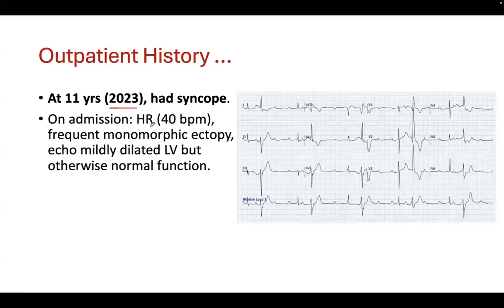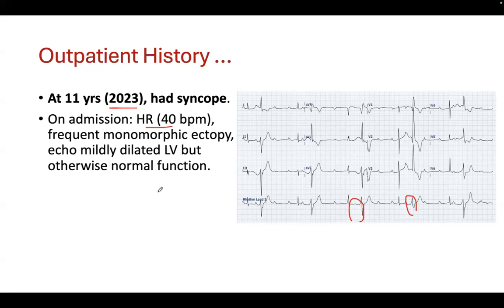He had a heart rate of 40 in clinic, and also PVCs, like we saw on the stress test, slightly different. For example, this one is a little bit different than these. So not super monomorphic, but funny PVCs plus normal resting heart rate otherwise.